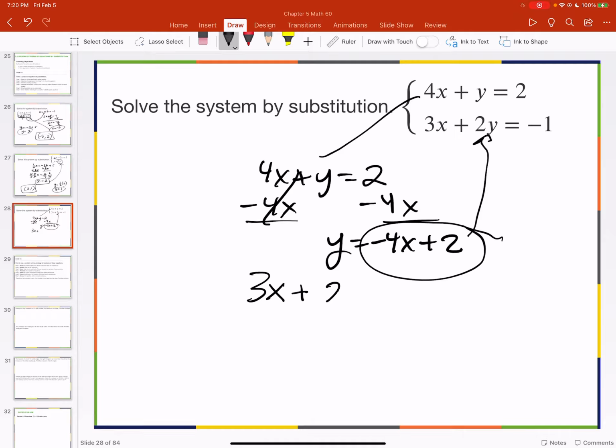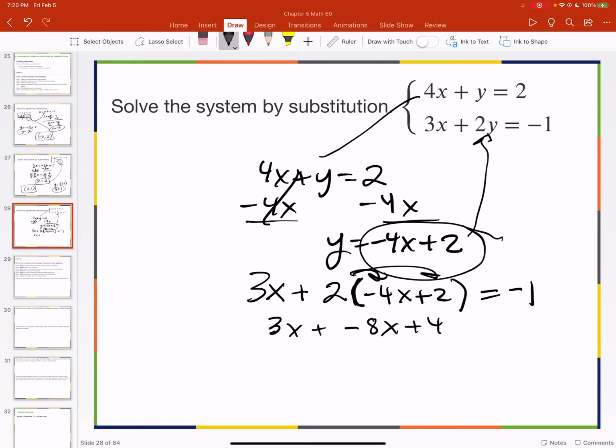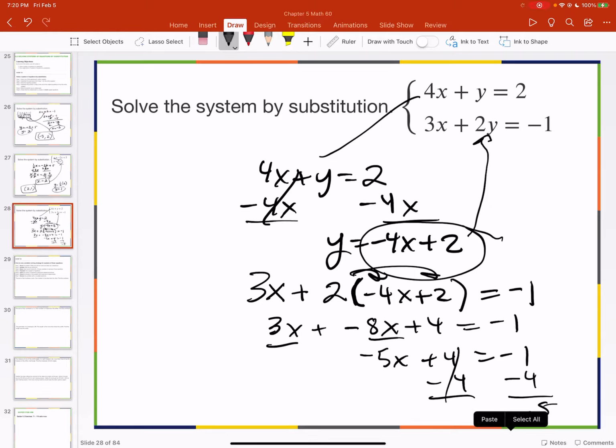So instead of 2 times y, I'm going to put in parentheses -4x plus 2, equal to -1. So I've substituted for y. So 3x plus, and then the distributive property, this would be -8x plus 4 is equal to -1. Combining like terms, -5x plus 4 is equal to -1. Subtract 4 from both sides, so you get -5x is equal to 5.